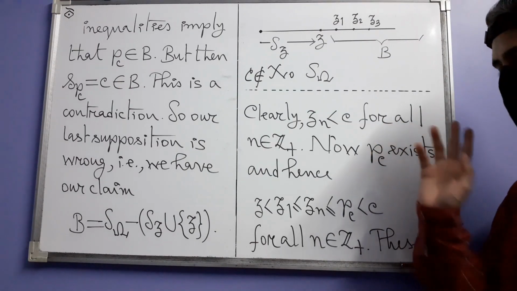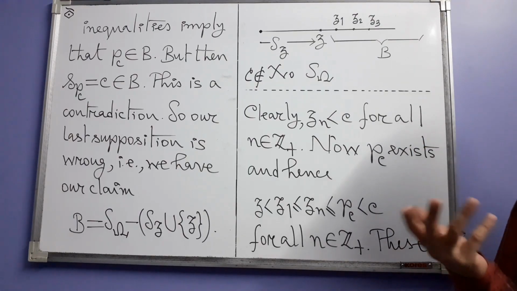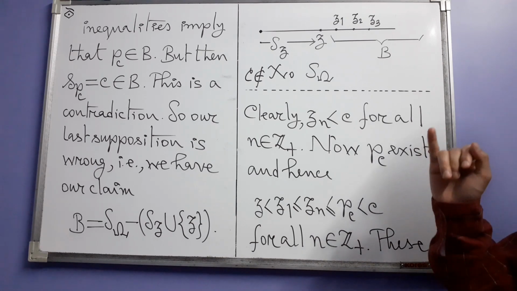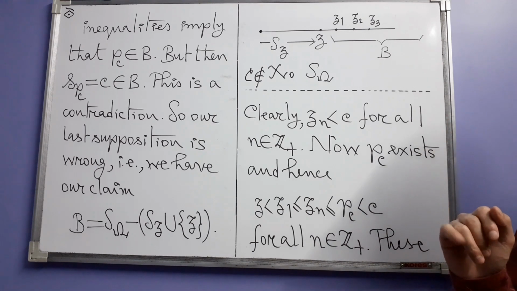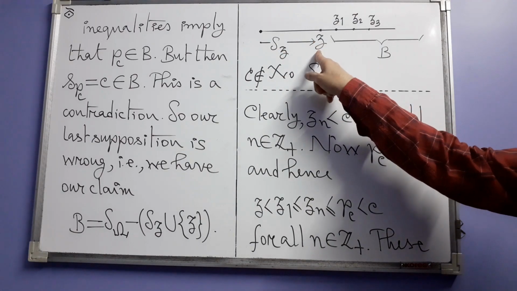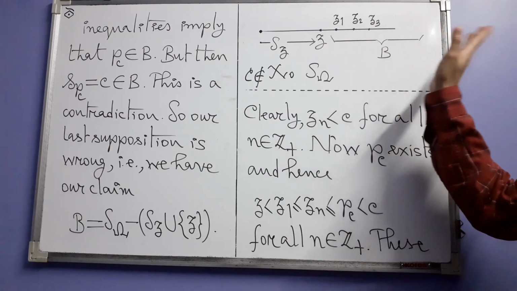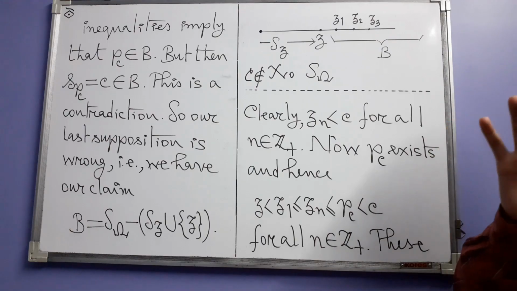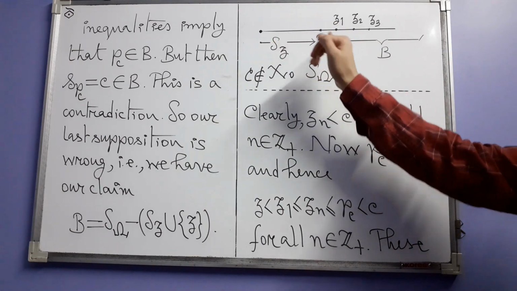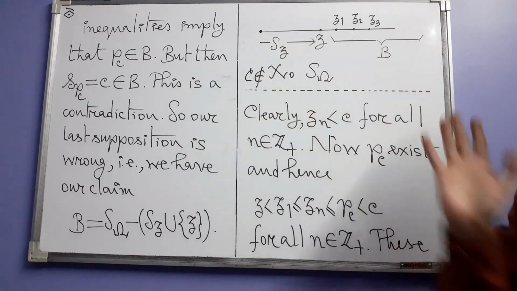Next, what can we say about that element C? Let's first again recall what C is. C is the smallest element in the complement of S_Z union the singleton set {Z} union B. So in this diagram, where will C lie? Can C lie here? No, because if C lies here, then it's less than Z, so C will belong to S_Z. That's not what C is.